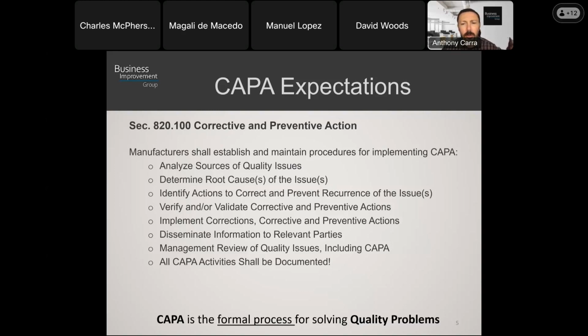And if you look at similar quality management system standards, such as ISO 9001 or ISO 13485, you'll see similar expectations. At the end of the day, I always like to boil it down and just say that CAPA is your formal process for solving quality problems. It's your problem-solving process.